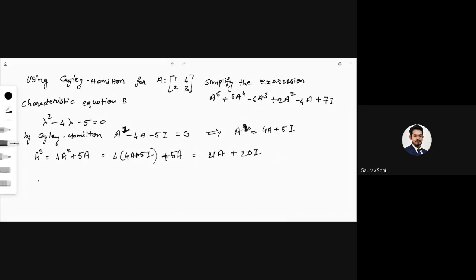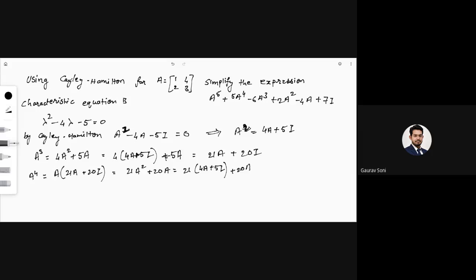Similarly, I can find the value of a raised to 4 now. So a raised to 4 is equal to a into 21a plus 20i. That is actually 21a square plus 20a. You can put the value of a square once again. So what do we have? 21 into 4a plus 5i plus 20a.